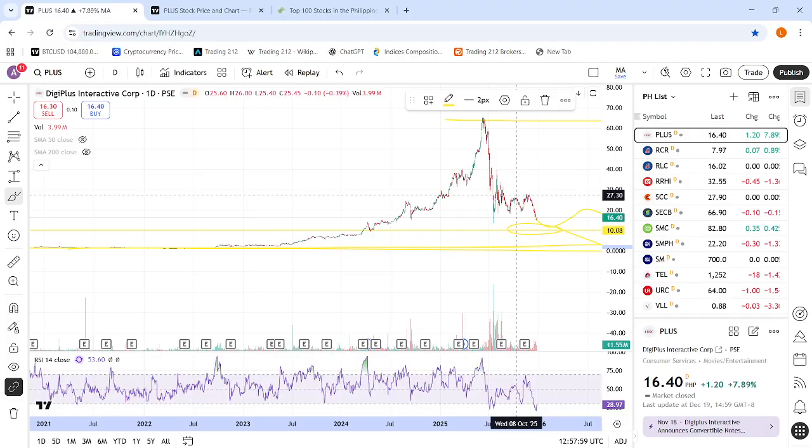And also, besides that, we will also check the fundamental analysis, what's going on with DigiPlus Interactive. Okay, we will always include the fundamental analysis. Not only do we analyze based on technical analysis, we should always apply fundamental analysis.